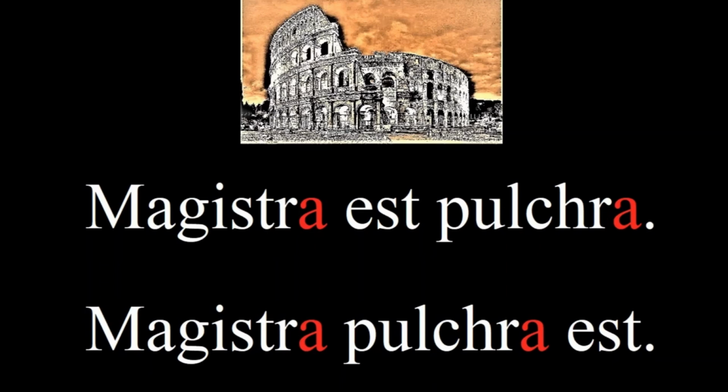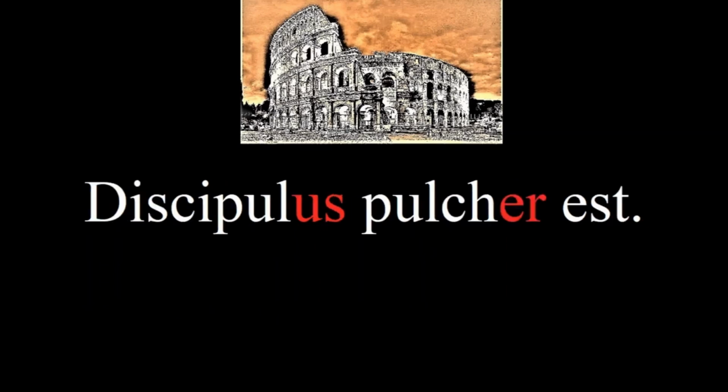Thus, the male student is beautiful is discipulus pulcher est. It's a little strange, but adjectives decline according to the gender of the noun, not necessarily the noun's ending. So, recalling that poeta refers to a male, how would we say the poet is beautiful?